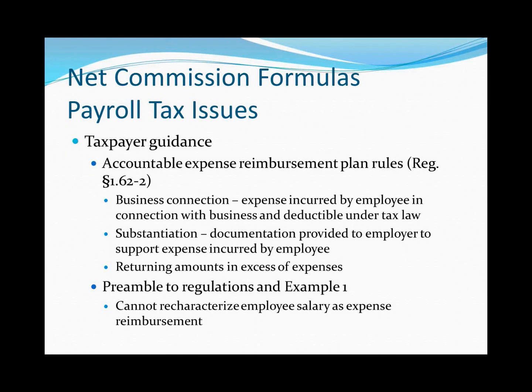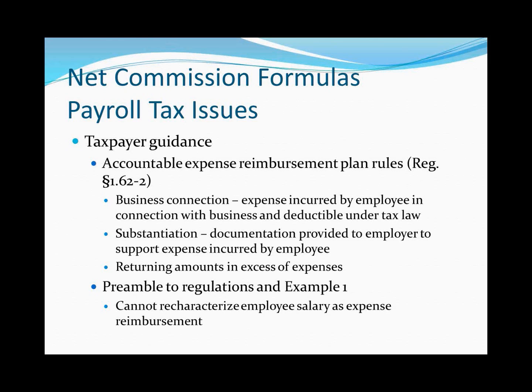So with that said, I'll talk a little bit about the taxpayer guidance that is out there right now. First, what's really sparking this is the accountable expense reimbursement plan rules that are contained in the regulations 1.62-2.